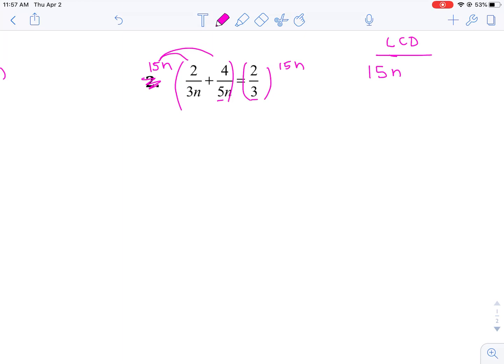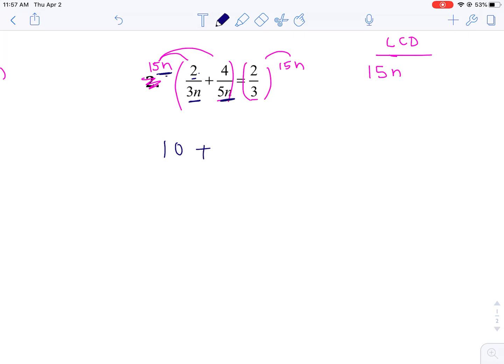Now this is a little different. You couldn't cross multiply here because you got 2 terms on the left. But if I take 15n times 2, that's 30n, and then 30n divided by 3n is just plain 10. The other way to think about it is 3 goes into 15 5 times, and 5 times 2 is 10.